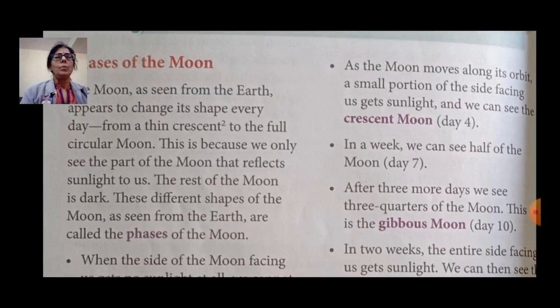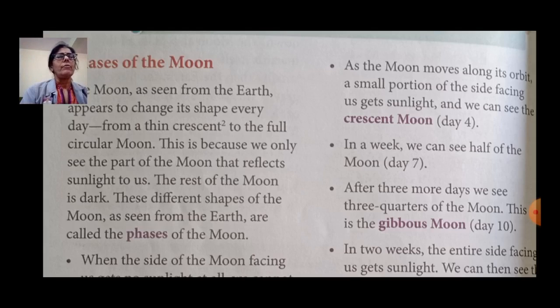As the moon moves along its orbit, a small portion of the side facing us gets sunlight. अपनी ऑर्बिट पे घूमते घूमते only a small portion of the moon gets the sunlight and that part is reflected, and we can see a crescent moon on the 4th day.